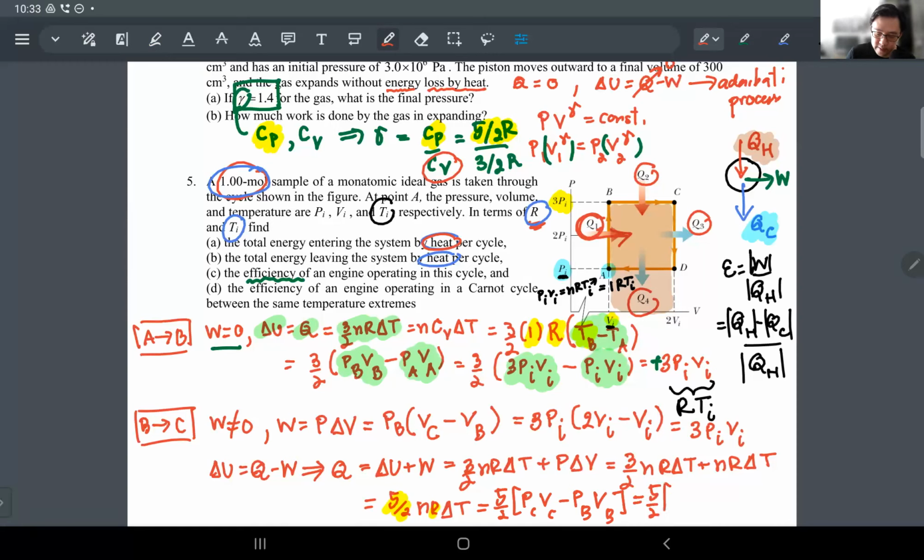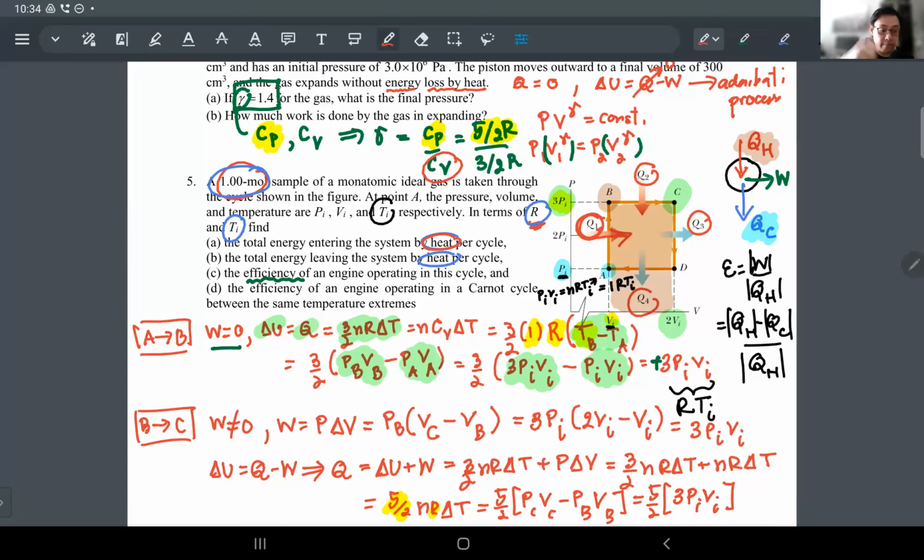You'll get 5/2. I'm running out of space at this point, but you can read off the scale. At point C, the volume and pressure multiplied together give you 6 PIVI. And at point B, you're going to get just 3 PIVI. Once you subtract them, you get just 3 P sub I V sub I right here.